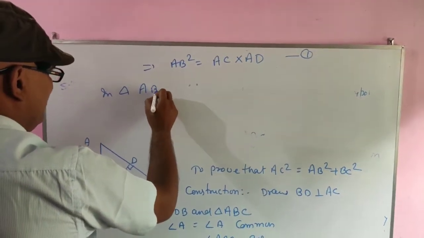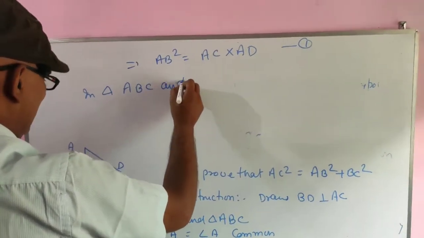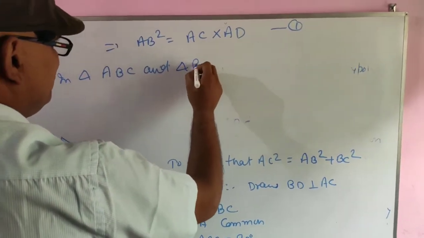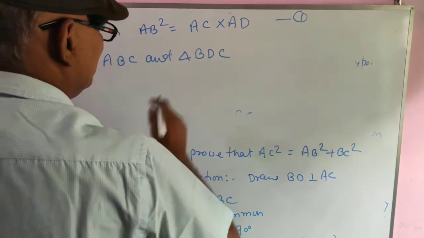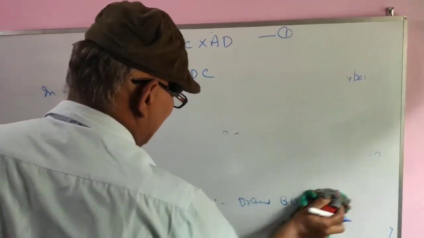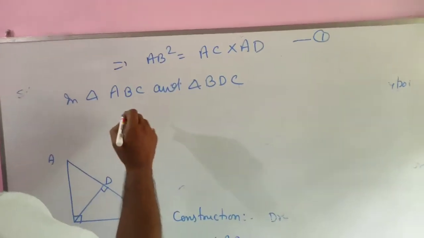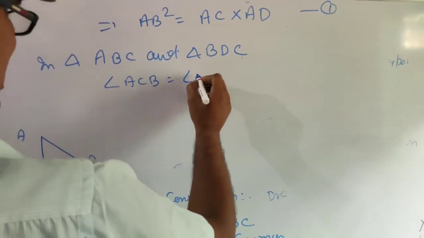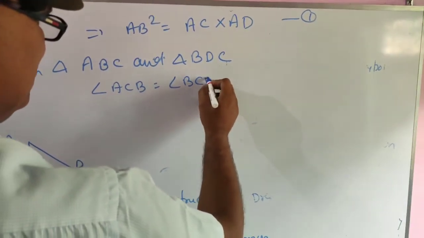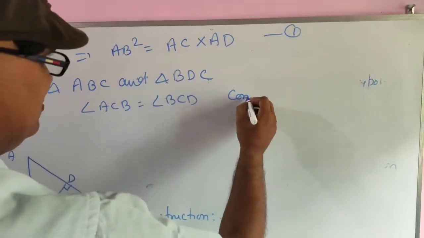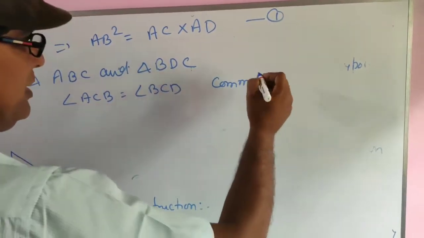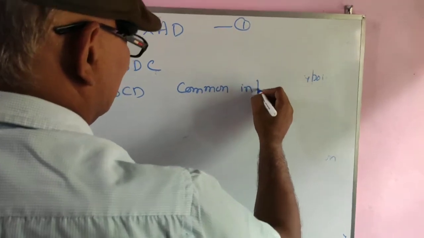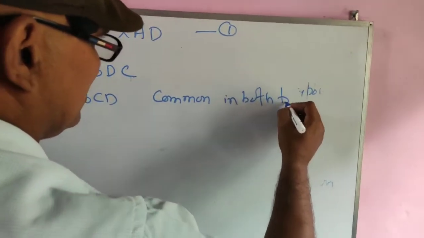Again in triangle ABC and triangle BDC, in this triangle also angle ACB is equal to angle BCD, common in both the triangles.